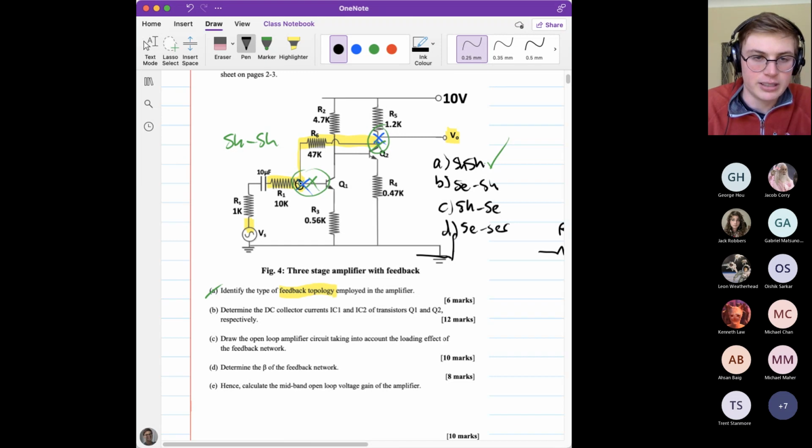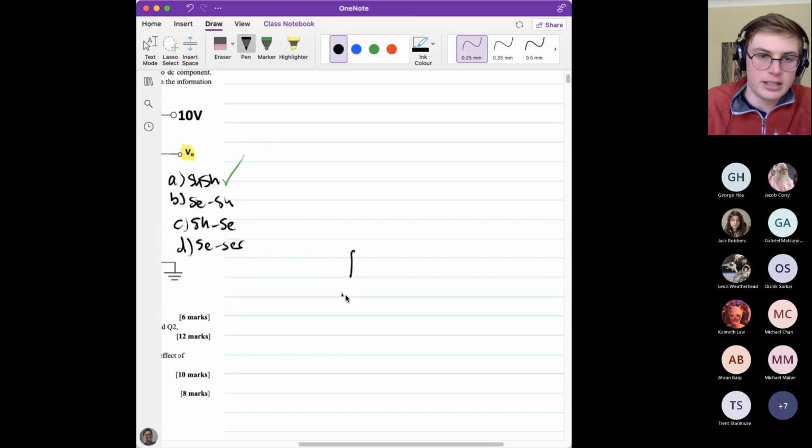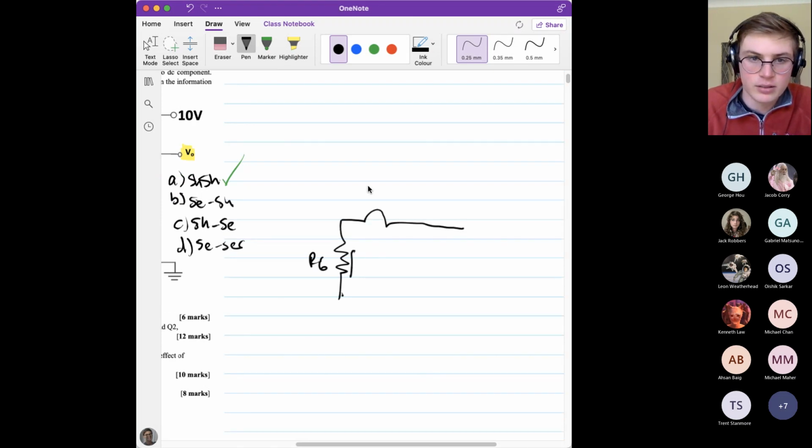R1's not really going to do anything here, is it? It's opened. So I'm not going to worry about R1. We're going to have R6 coming up here, jumping over. R2 coming down to our BJT, just connected there.